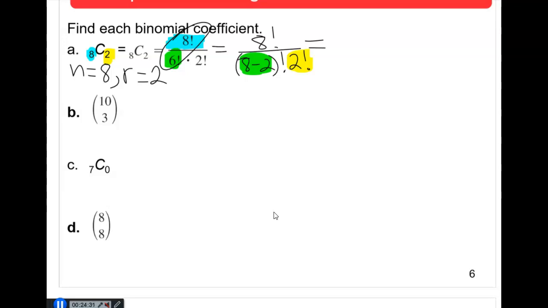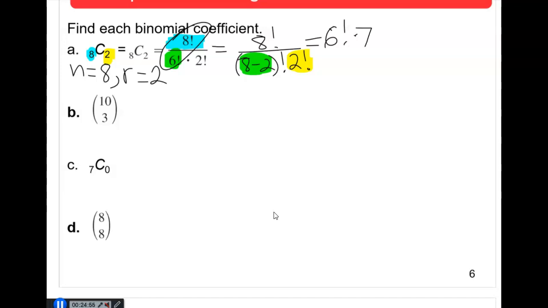But we know that from 1 to 6, that is equivalent to 6 factorial. So I can write 6 factorial times 7 times 8 in place of 8 factorial. From here, I could write 6 factorial on the bottom.